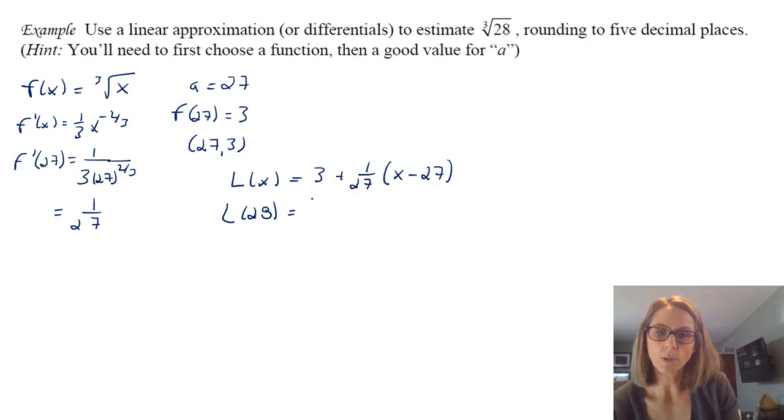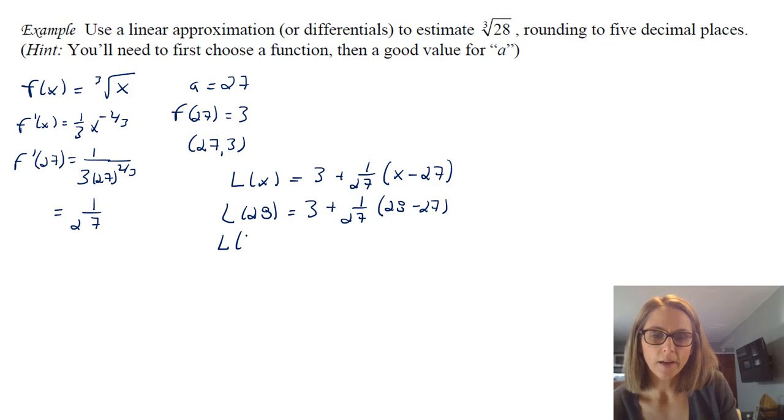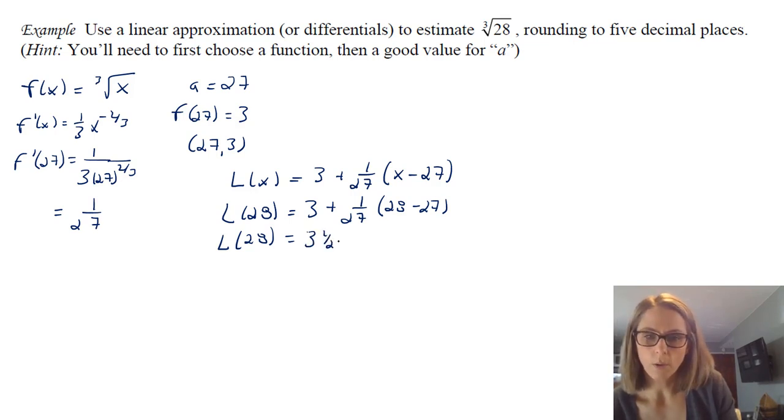So notice the difference between this and the last one. So 3 plus 1/27, and then 28 minus 27. That's really nice because that's just 1. So then you have the cube root of 28 is approximately 3 and 1/27, because you get 1 there.